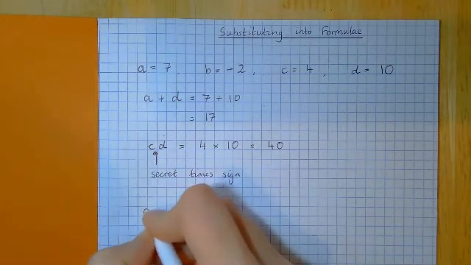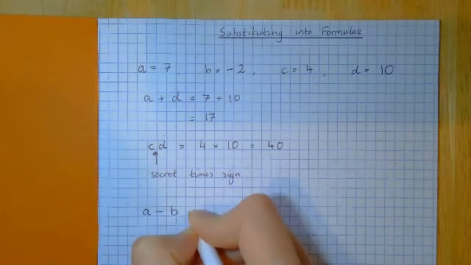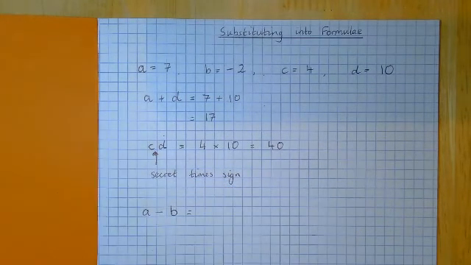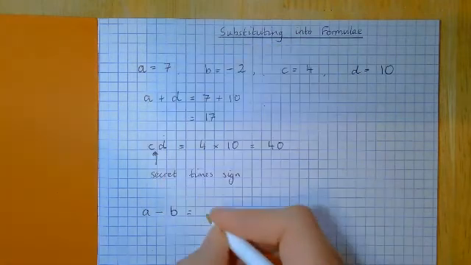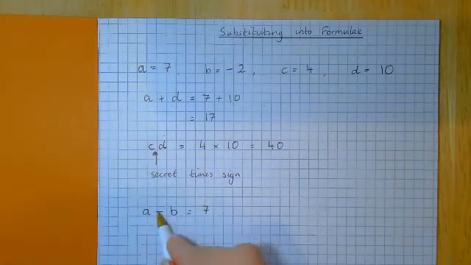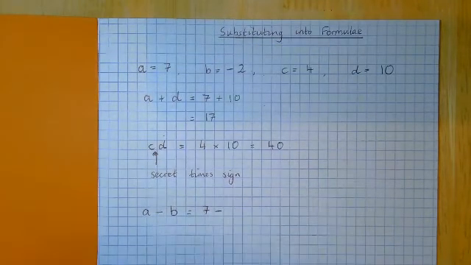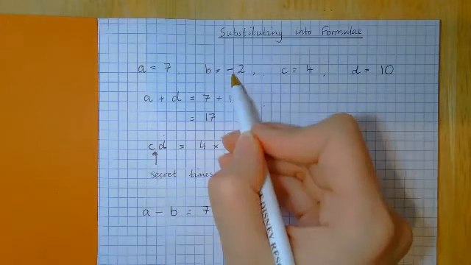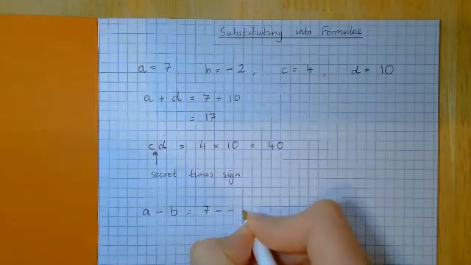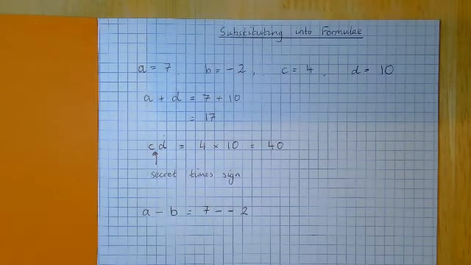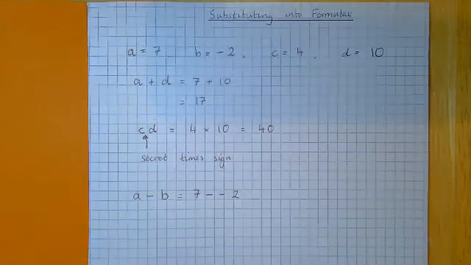Right, let's have a look at this one then. What's A minus B? Whenever I see an A, I'm going to write a 7, and then I've got a minus sign to write. And then whenever I see a B, I need to write -2. And now I can see loads of your hands would have shot up at this point, wouldn't they?